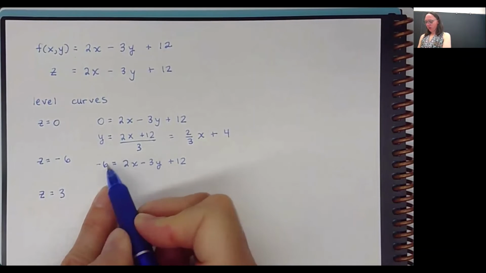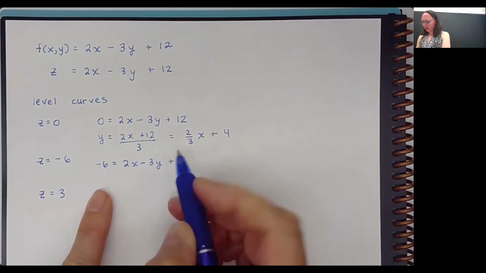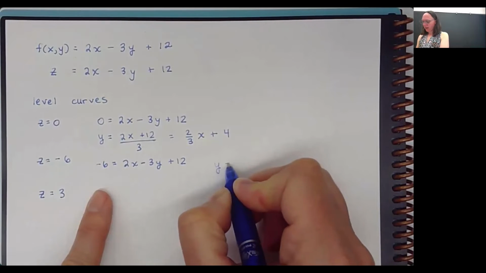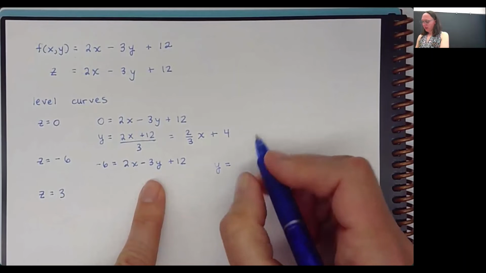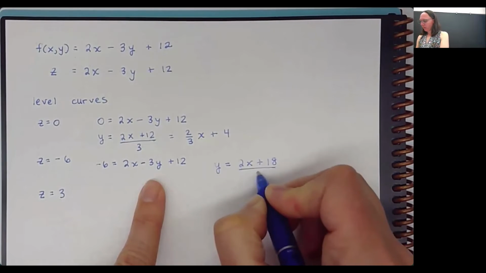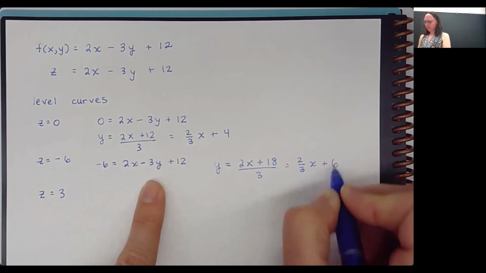If I move my 3y over and throw my 6 over there, I get y equals 2x plus 18 all over 3, or 2/3 x plus 6.